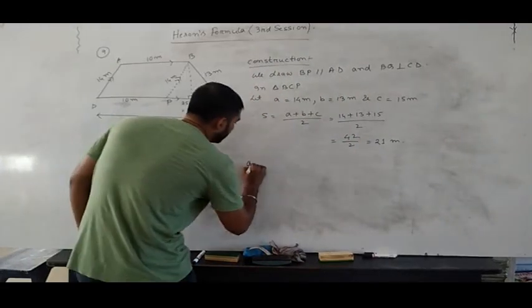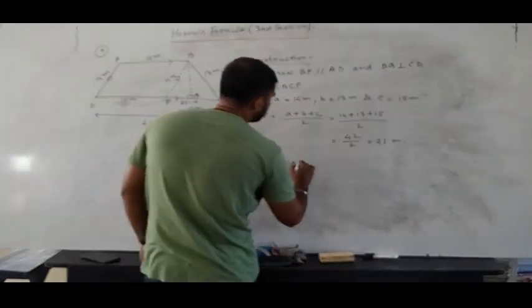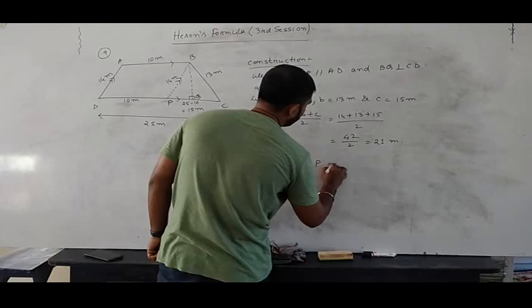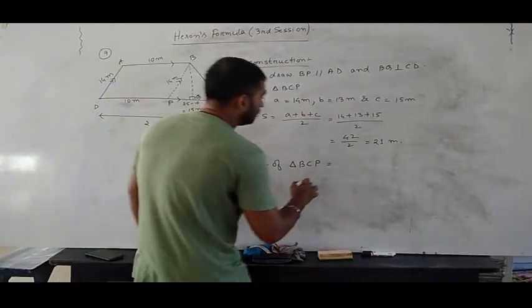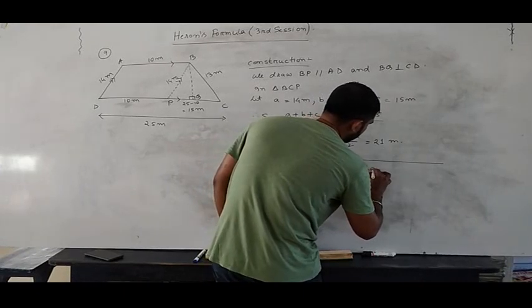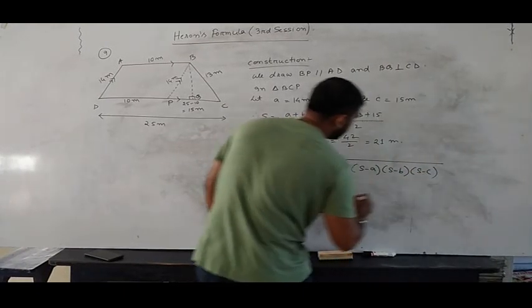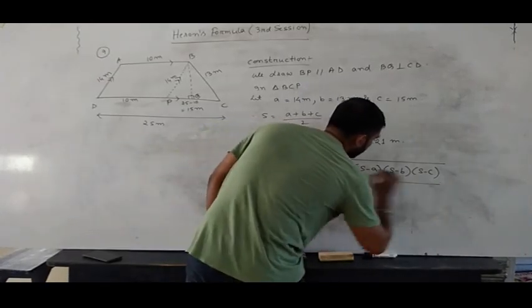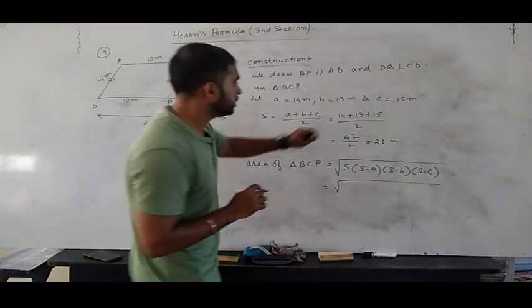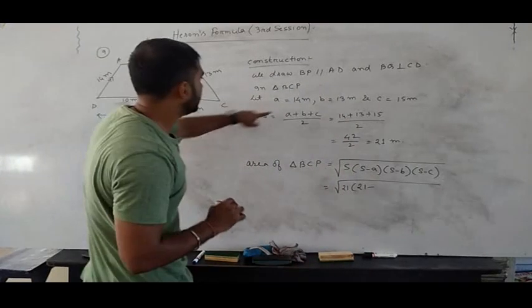Therefore area of triangle BCP equal, the formula is under root S into S minus A into S minus B into S minus C. Then replace the values. What is S? S equal to 21. 21 minus A. What is A? A equal to 14.